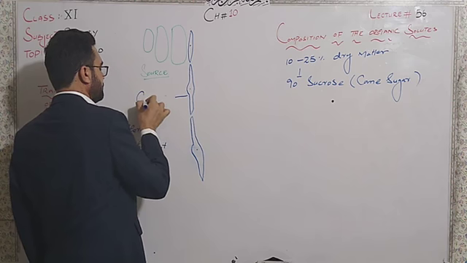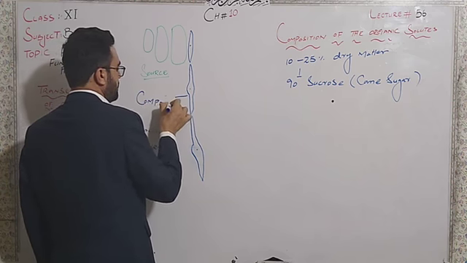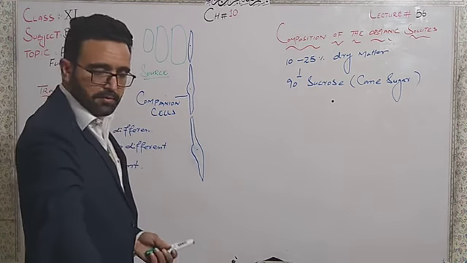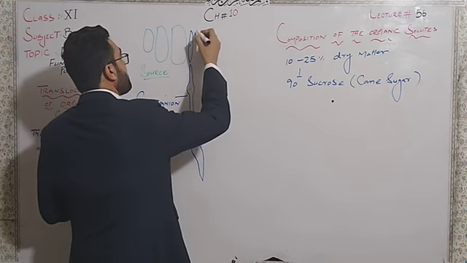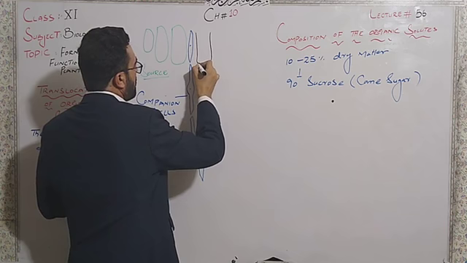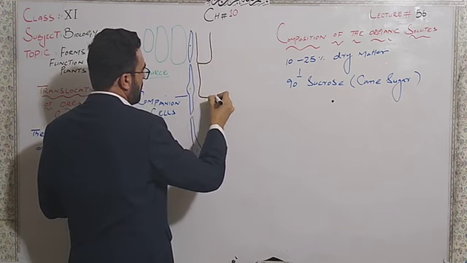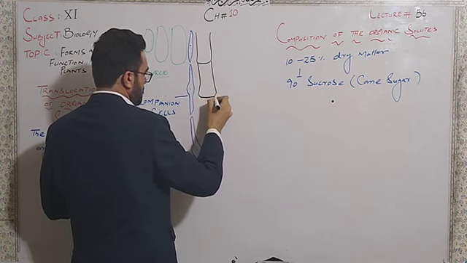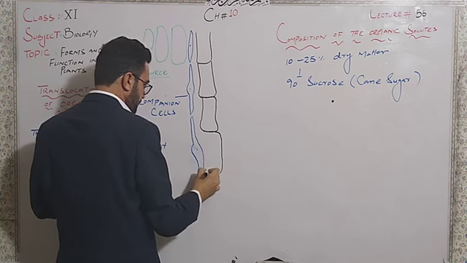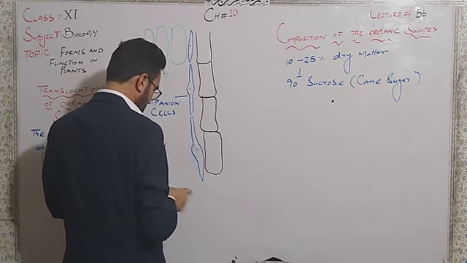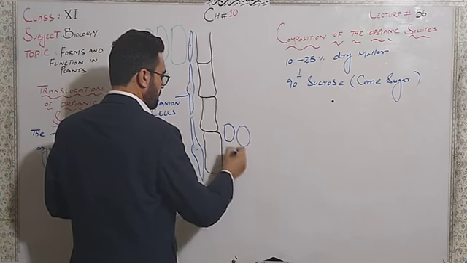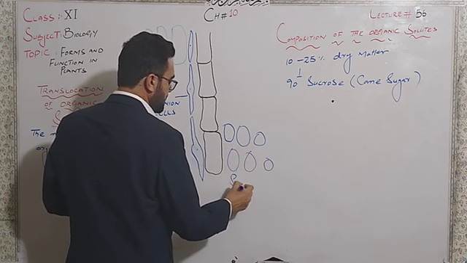These are companion cells. These are sieve tube cells.